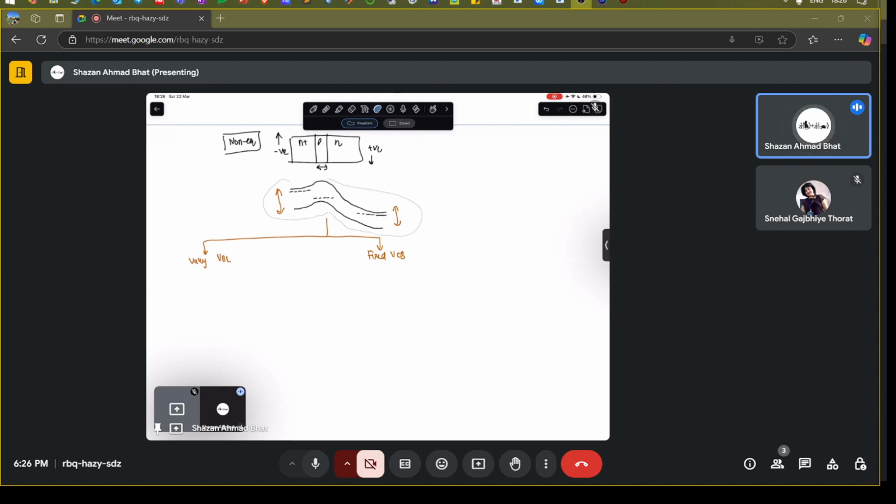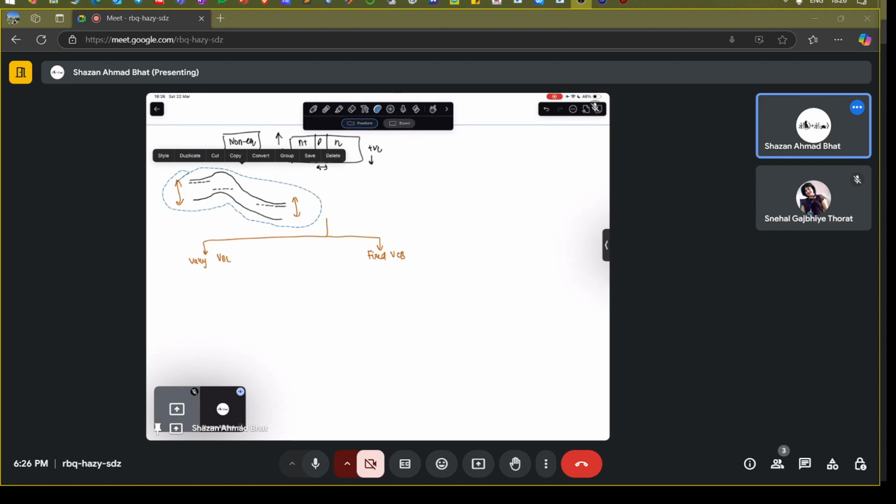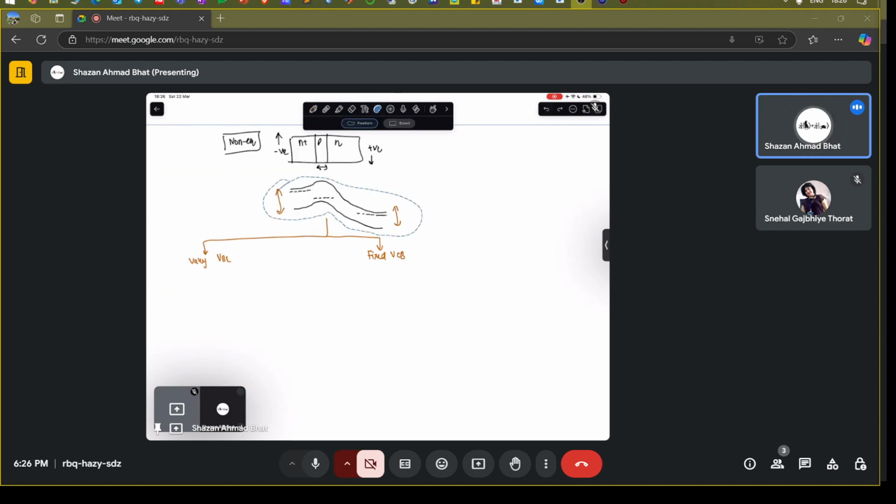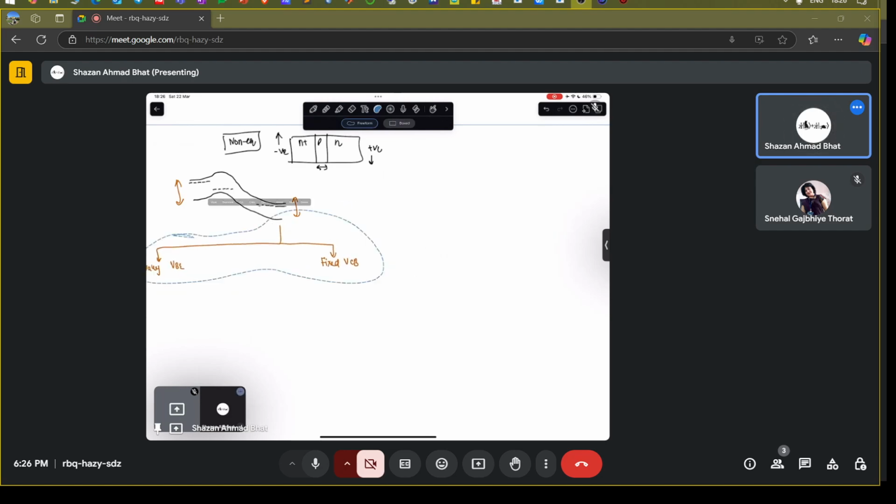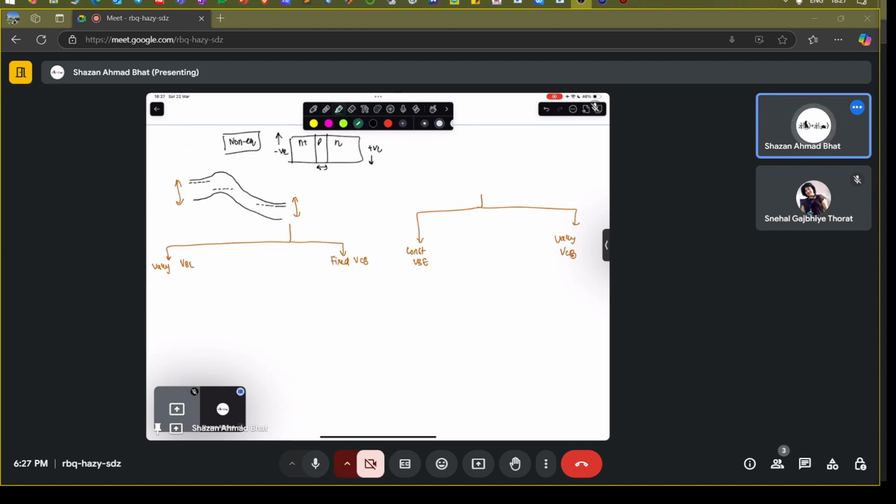Let me take it here so that I can compare these cases. And the second case will be if we keep VBE constant and vary VCB. So these are two important cases.